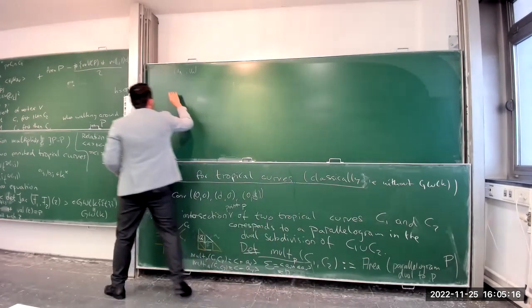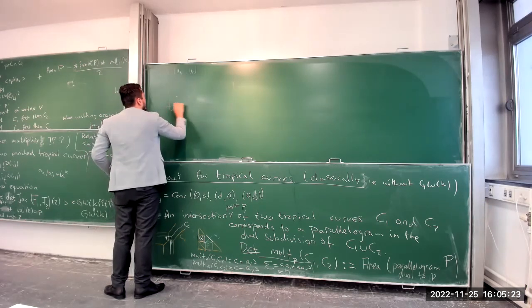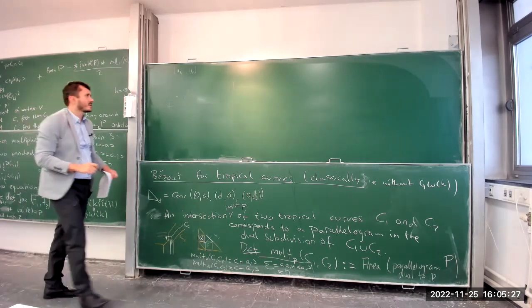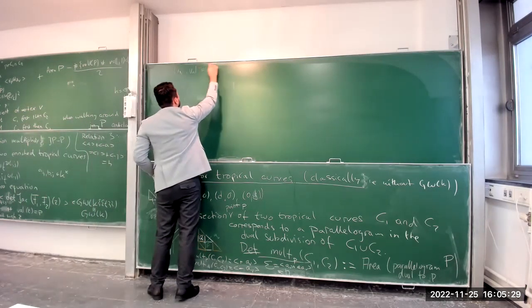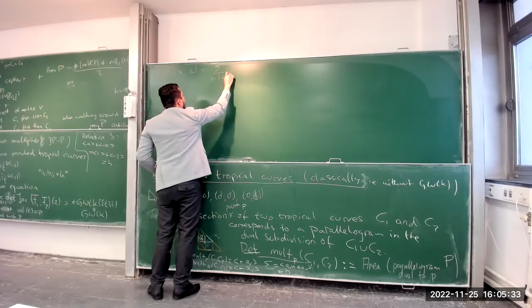So we're going to have the intersection in the middle of two-dimensional faces, and this is where the sum is the same.